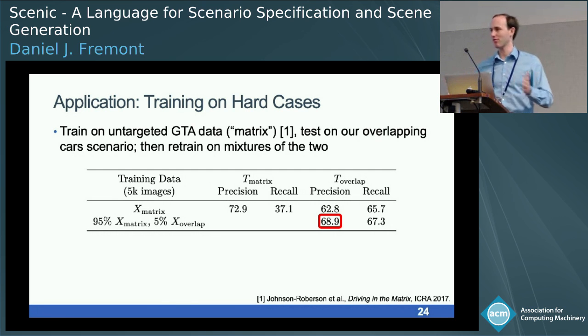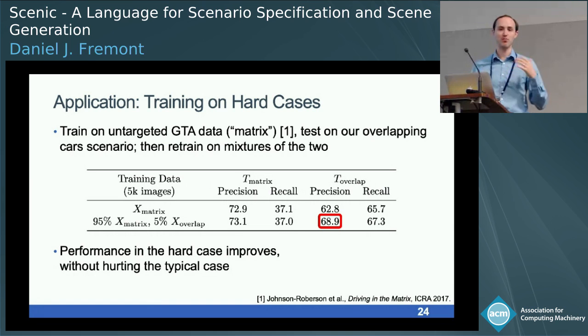As you would expect, the performance on the overlapping images goes up. The important thing is that performance on the original data distribution remains the same. So you can improve performance in this hard case without hurting the typical case by using a more intelligently designed training set. And Scenic gives you the ability to specify exactly what distribution you want your training set to have.